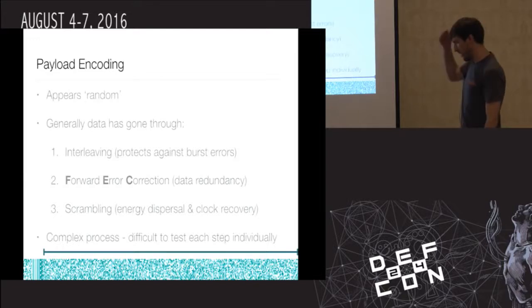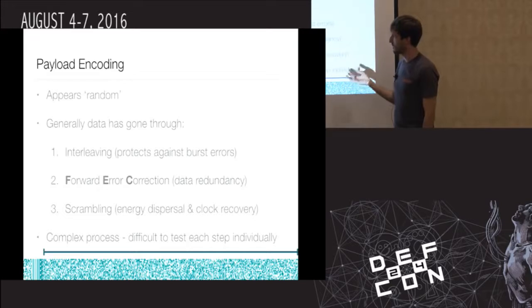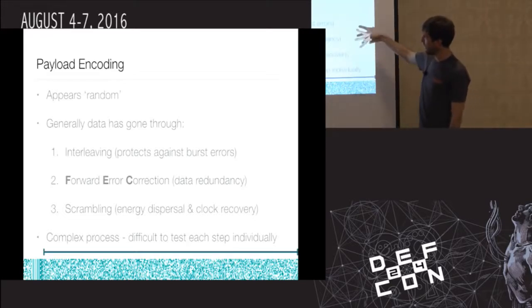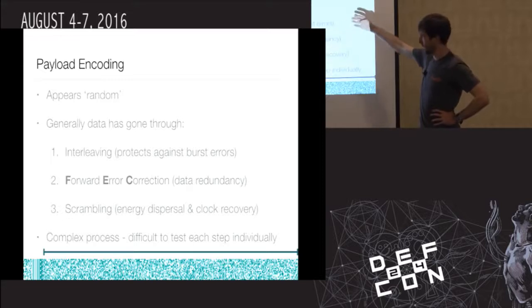So it appears random, and when you deal with links, and satellite links in this case, there are often 3 measures that are employed to add more redundancy and allow you to decode your signal and your packets even in the presence of errors that might have corrupted your data. The first thing is interleaving, and this will protect against burst errors.